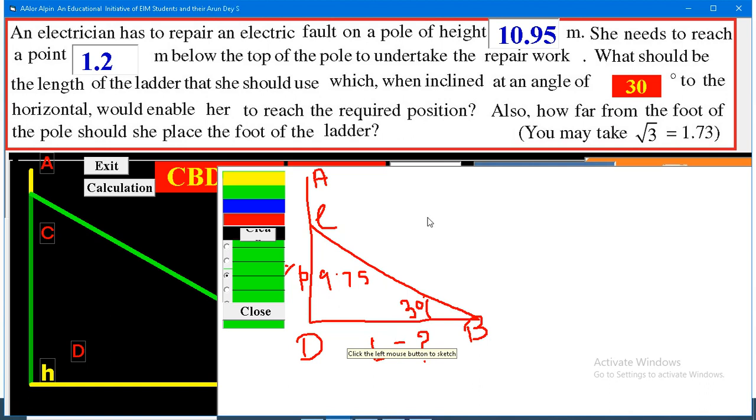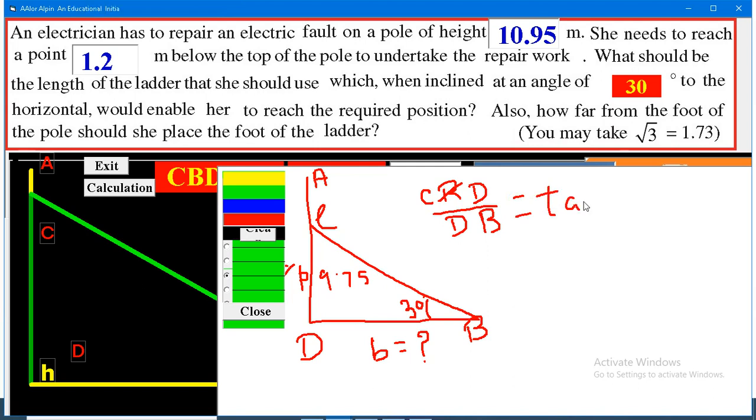Perpendicular by base. So, sorry, CD by DB. I have to find DB is equal to tan CBD, and tan CBD is tan 30, which is 1 by root 3.